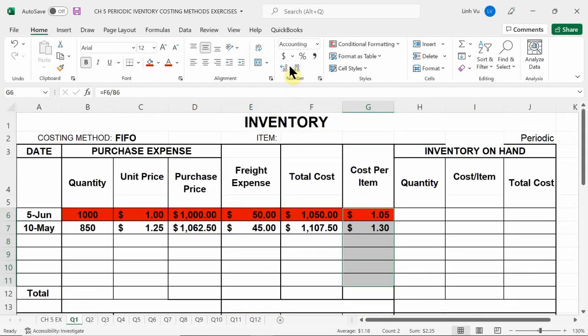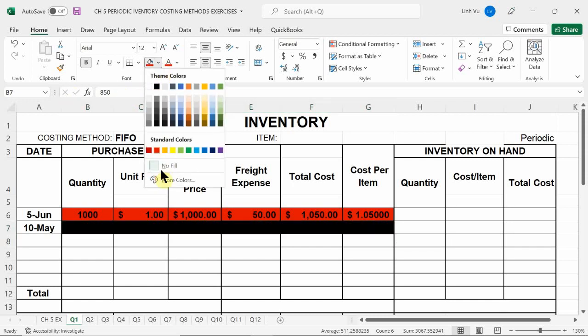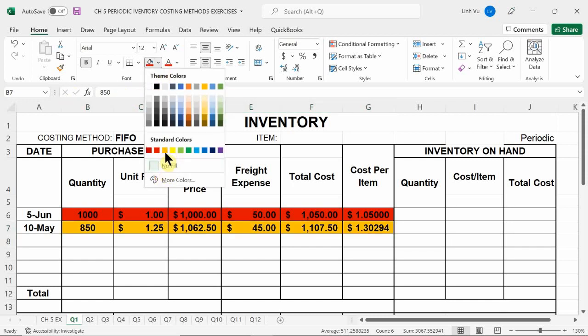Okay. We can also expand that, because that could be true or that could not be true. In this case, it's actually $1.3294. So it's actually not even out at $1.30. Okay. And I'm going to go ahead and choose this to be yellow.